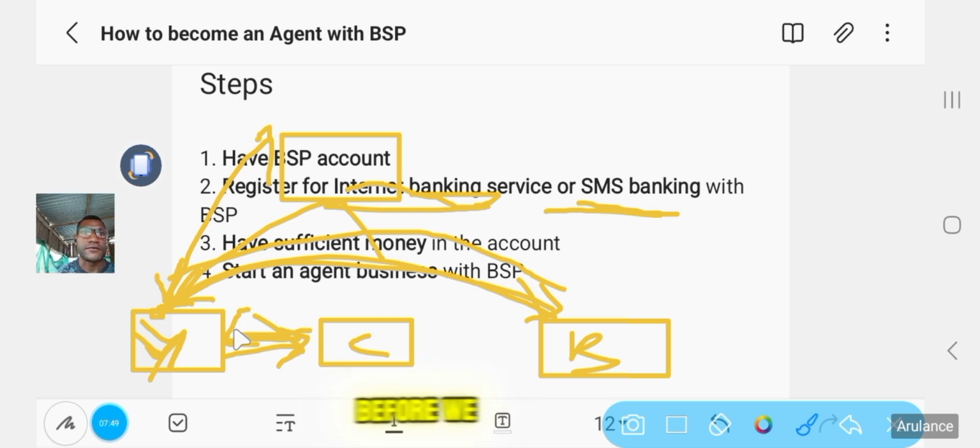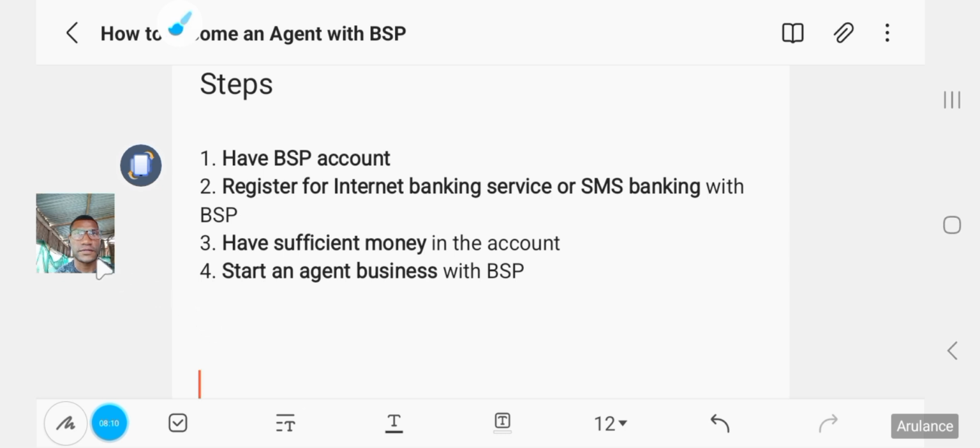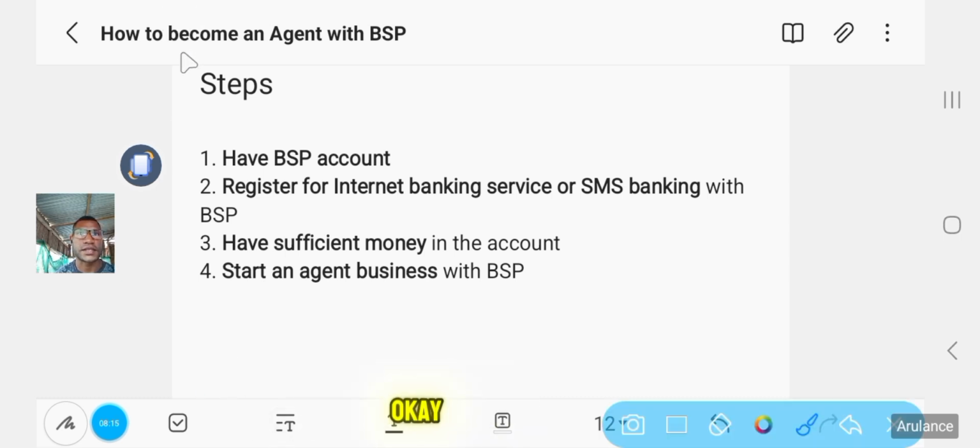Okay, for withdrawal, if they have SMS banking, you can also help them. Okay, let me just cancel this first. Okay, let me draw the new structure. Imagine that you have the same picture or structure in your diagram in your mind.